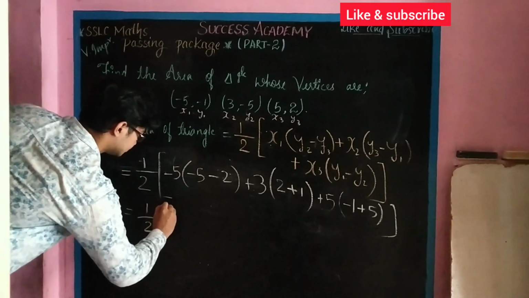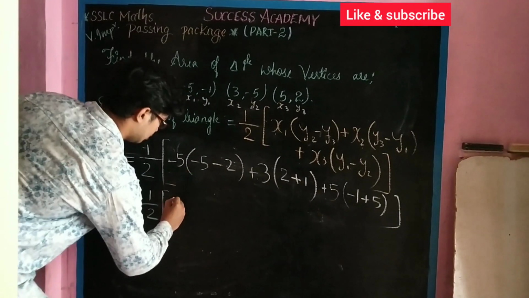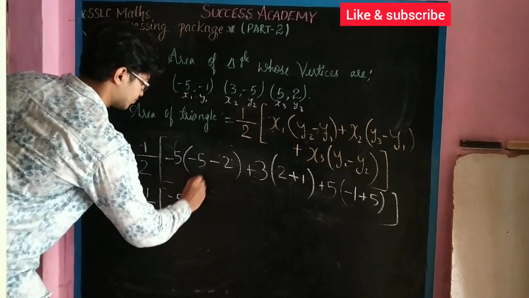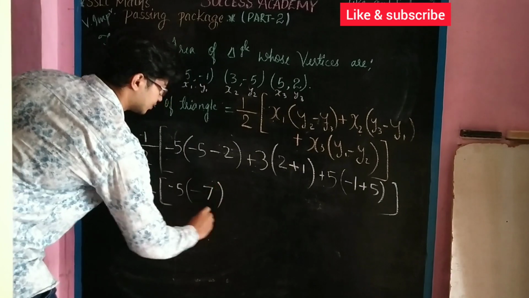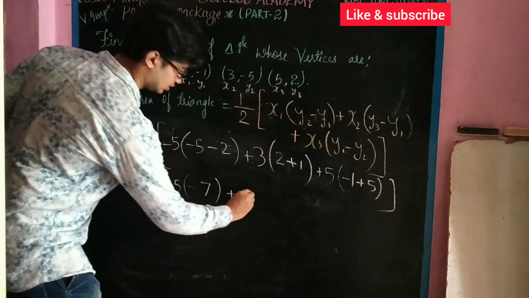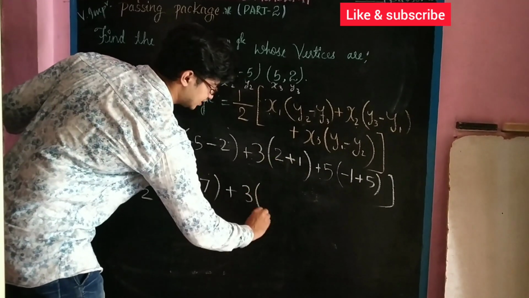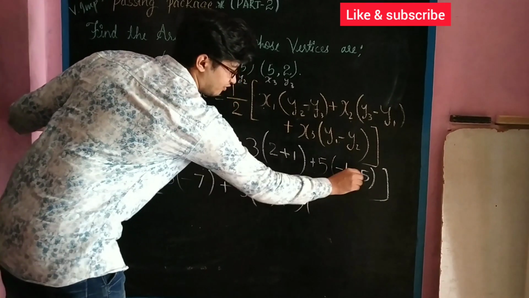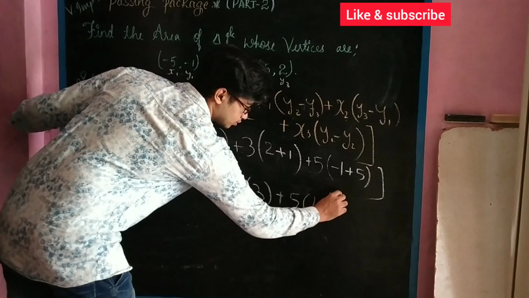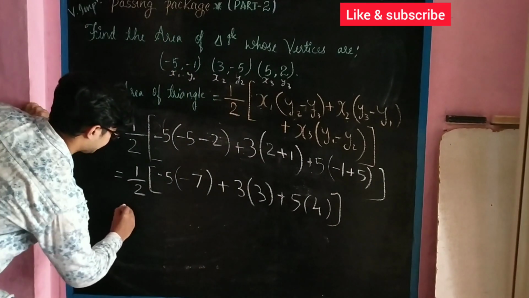Half into minus 5, minus 5 minus 2 is minus 7. Next, plus 3 into 2 plus 1 is 3, plus 5 into 5 minus 1 is 4. Okay friends, now multiply.